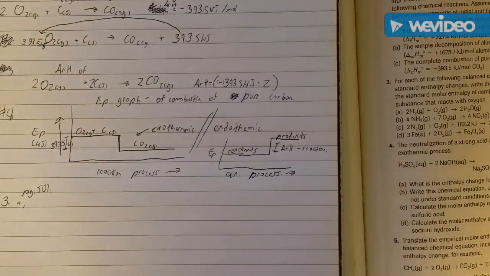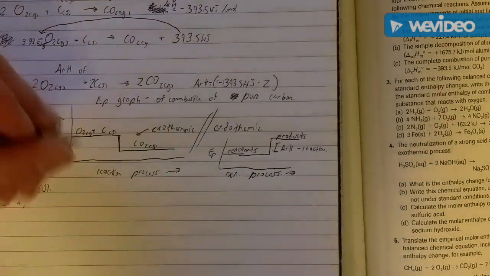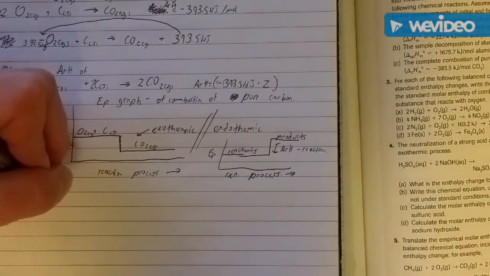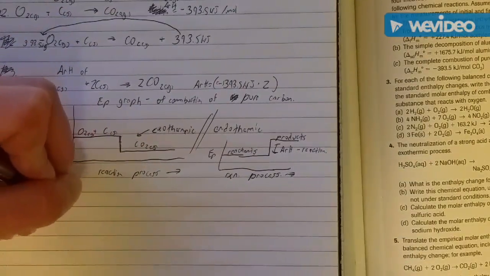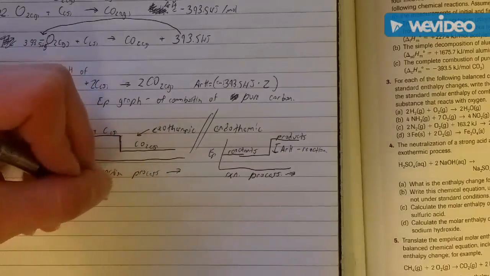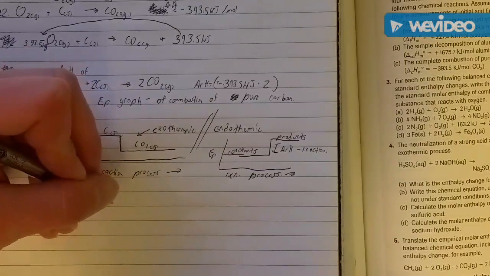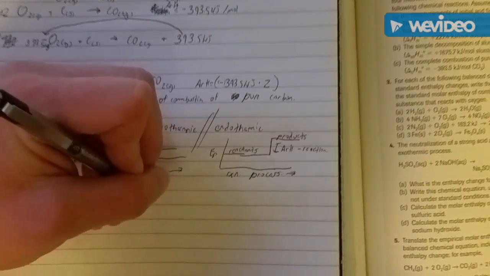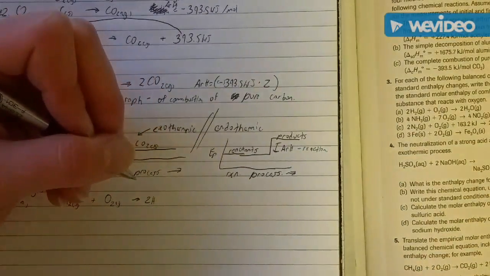So these are all combustions with oxygen having different molar enthalpies or enthalpy changes. In 3A, they're saying 2 moles of H2 gas, hydrogen gas, plus oxygen gas react to form 2H2O.